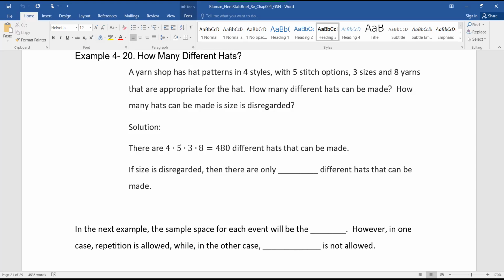All right, so we're gonna calculate how many different hats. It says a yarn shop has hat patterns in 4 styles, 5 stitch options, 3 sizes, and 8 yarns that are appropriate for the hat.